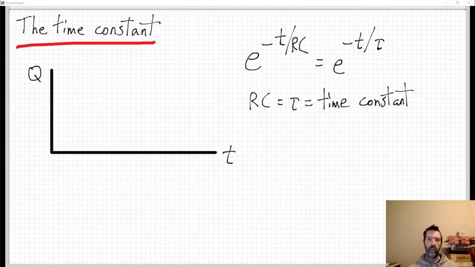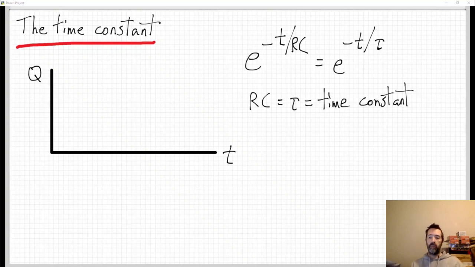So RC is related to how fast the changes in the system occur. And it appears in a fraction with a t, t divided by RC as an exponent.